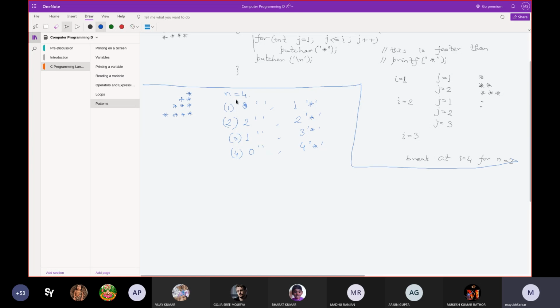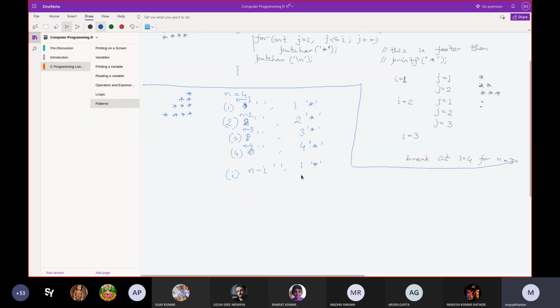So this we can write as n minus 1, this as n minus 2, this as n minus 3, and this as n minus 4. Whereas this, as previously, we can write as the corresponding i. So in general, in the ith row, there are n minus i spaces and i stars.